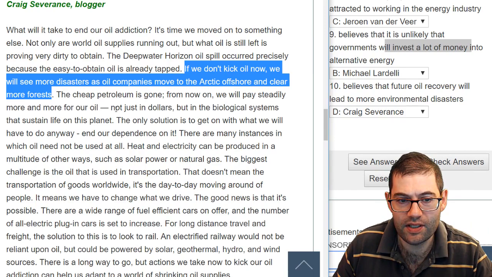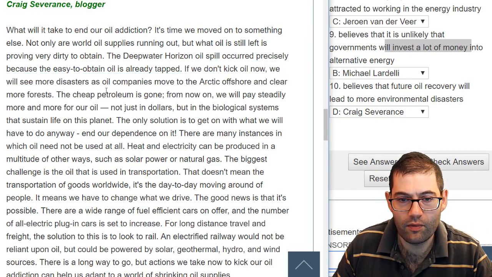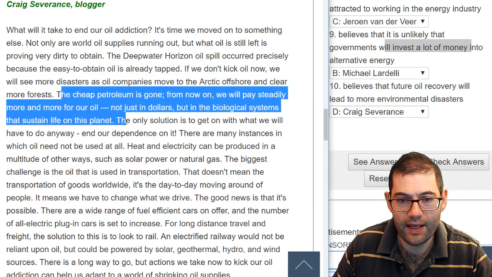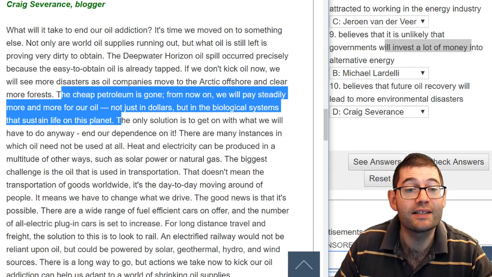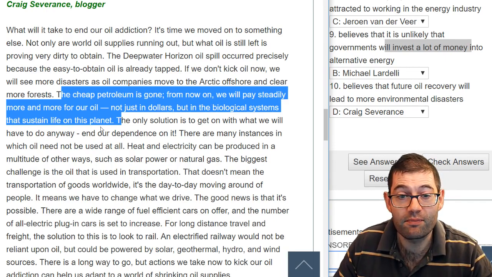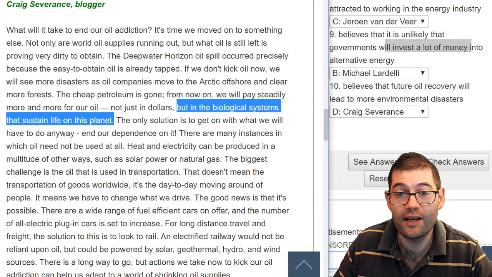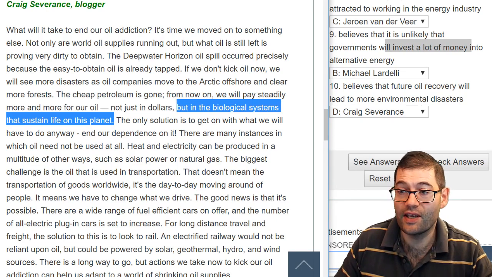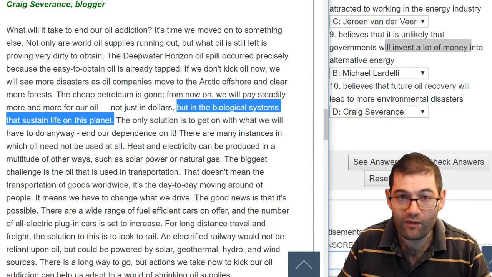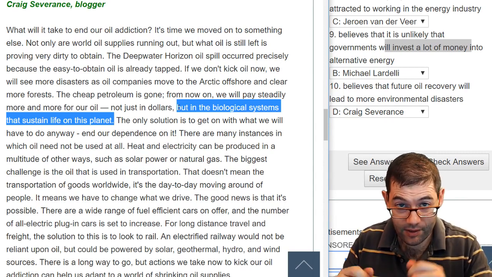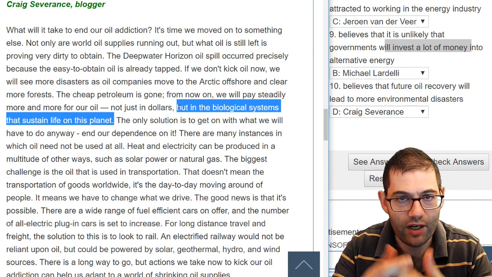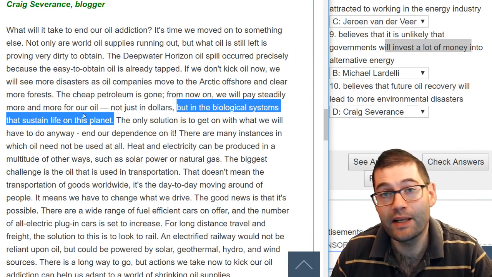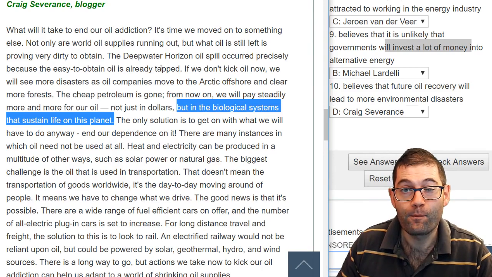Then it goes on to say the price we will pay is not just in dollars, but in the biological systems that sustain life on this planet. So this is a general way of saying that there's going to be a lot more environmental disasters. There's a link to the question, if we keep on looking for oil and recovering that oil. So there's vocabulary links there.